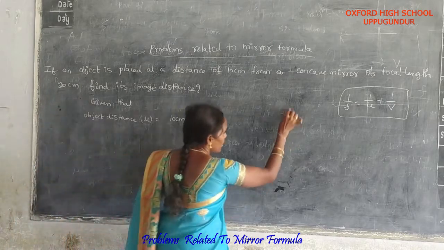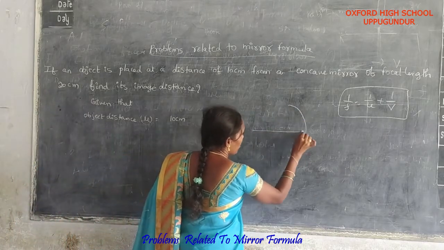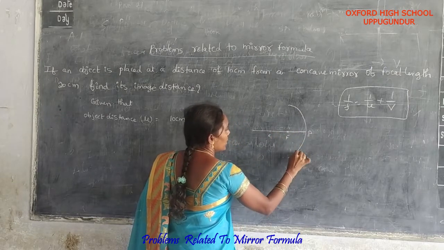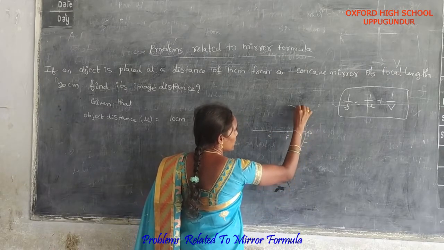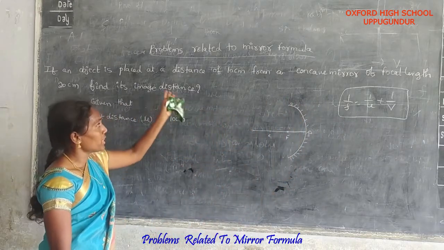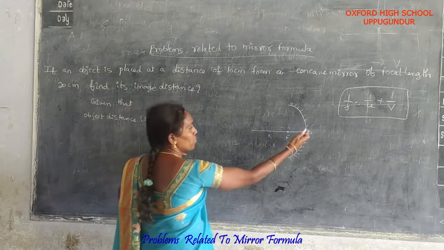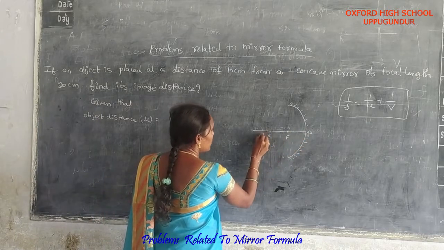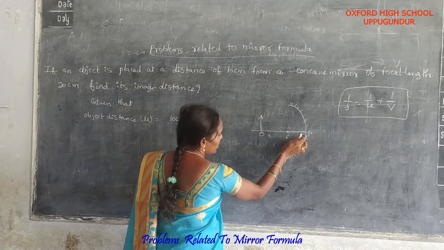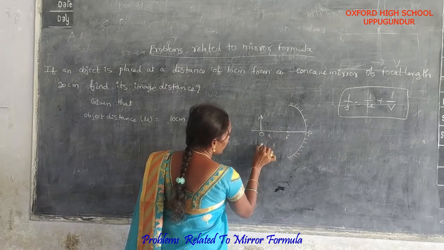Here this is the mirror: pole, focus, center of curvature. This mirror represents the concave mirror. If an object is placed at a distance of 10 centimeters from the mirror, the distance from pole to object is called the object distance.